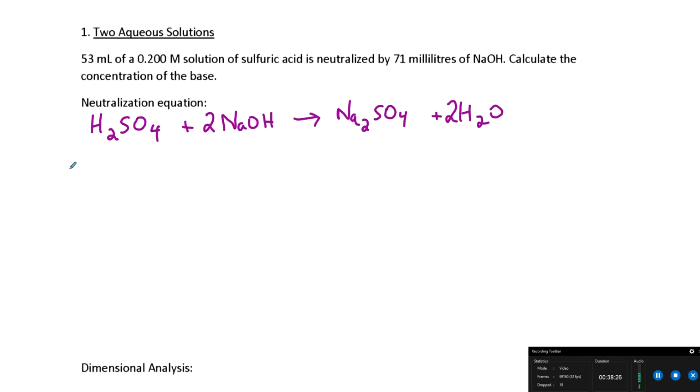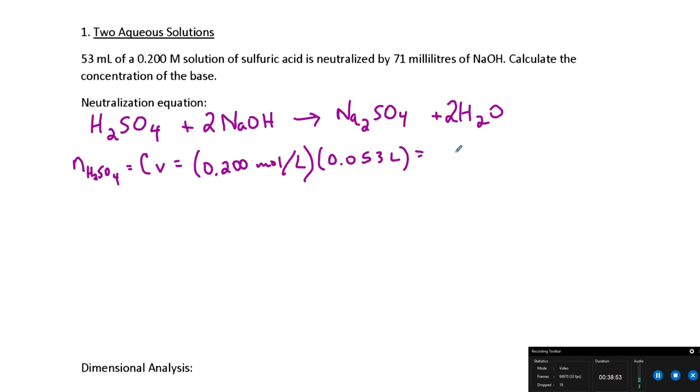Okay. So we're going to calculate, first of all, the known moles. So we know the acid, and we know the concentration and the volume of the acid. So concentration is 0.2 moles per liter, and the volume is 53 milliliters, so 0.053 liters. And that will equal 0.0106 moles.